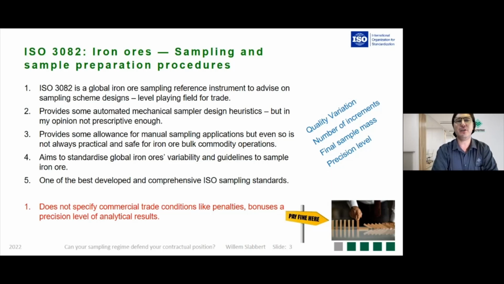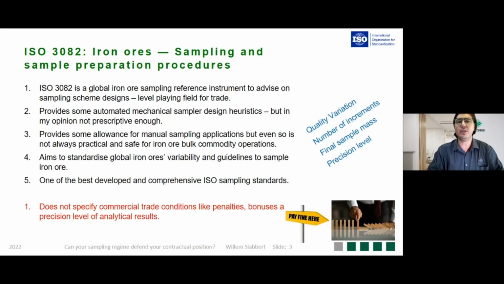Good. The ISO 3082 sampling standard is a global iron ore sampling reference instrument to advise on sampling scheme designs. In other words, it provides a level playing field for trade in terms of quality variation of the ore, the number of increments required, our final sample mass, and also the typical precision levels we can expect for global iron ore variability for our specific ore.